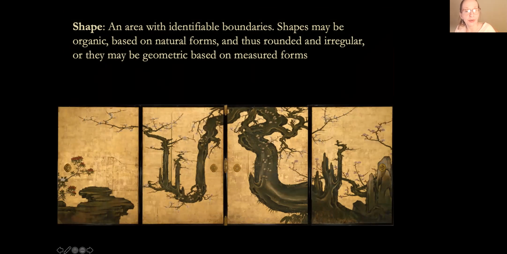Shape is an area with an identifiable boundary. Shapes may be organic, based on natural forms, rounded and irregular, or they may be geometric, based on measured forms. So again, if we were together in this class, I'd ask you, what kind of shapes do you see? Well, I see an organic shape of a big trunk. I see 2 organic shapes here.